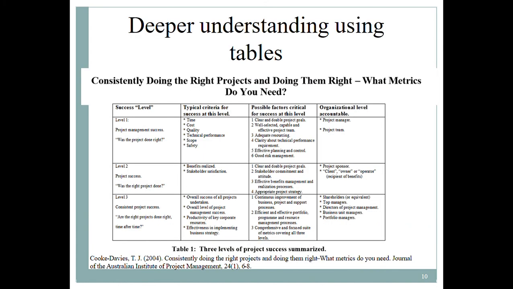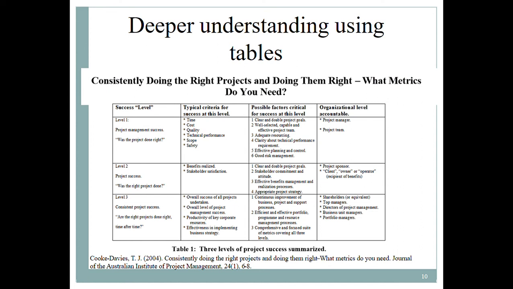Sometimes you need also more information, not only just a few sentences here and there, you actually need extra information. So do you really need to read every word of the paper? Sometimes you just look at the table. Here is the title of this paper, Constantly Doing the Right Projects and Doing Them Right: What Metrics Do You Need?